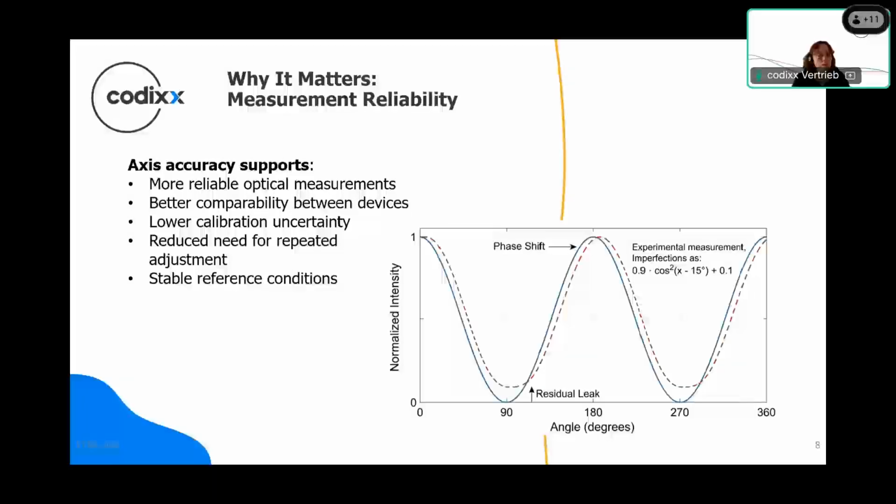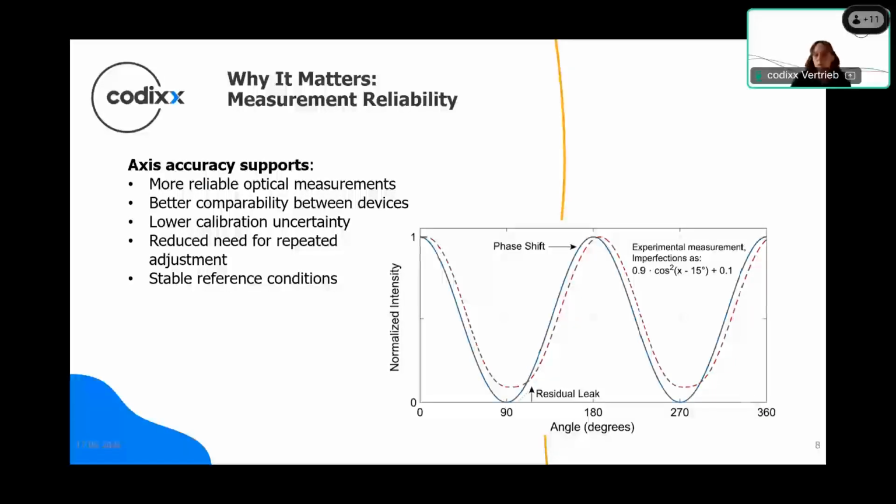And the polarization axis accuracy also has an influence on the measurement reliability. So the axis accuracy supports more reliable optical measurements, better comparability between devices, lower calibration uncertainty, reduced need for repeated adjustments, and also stable reference conditions.